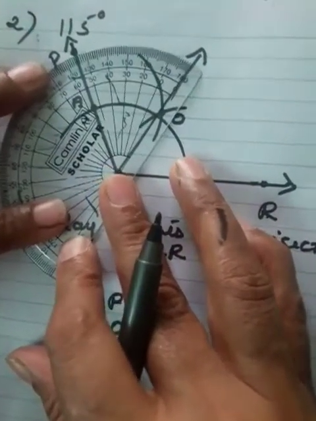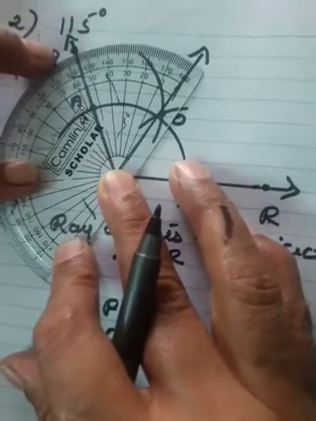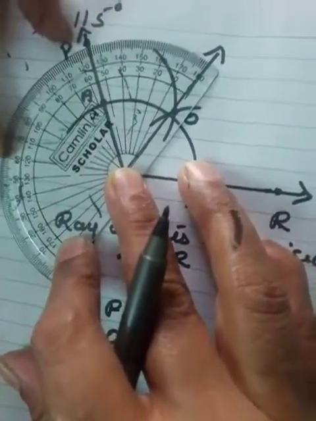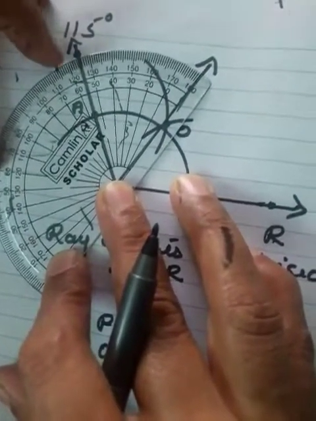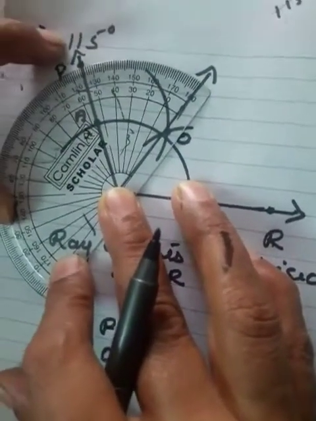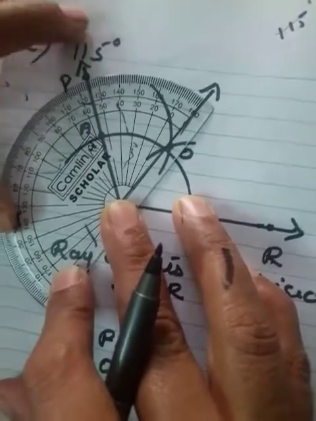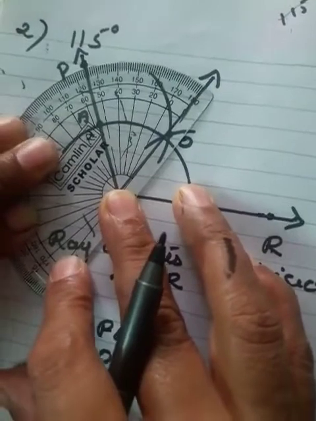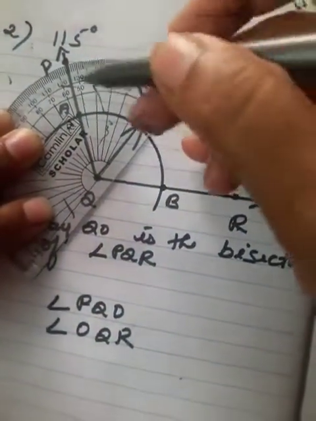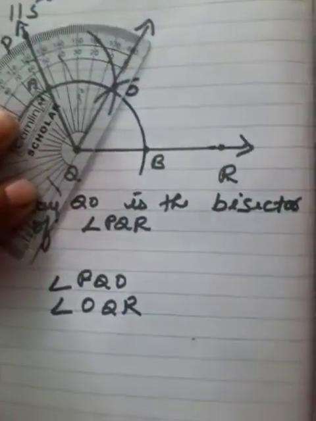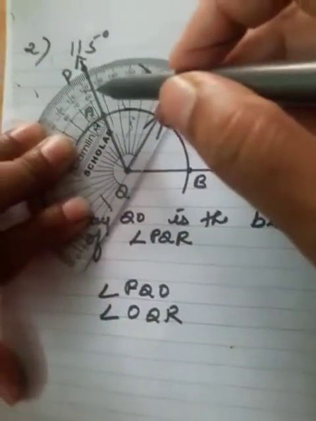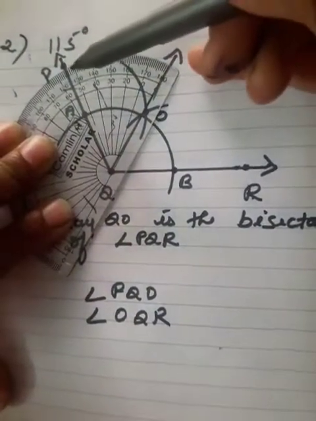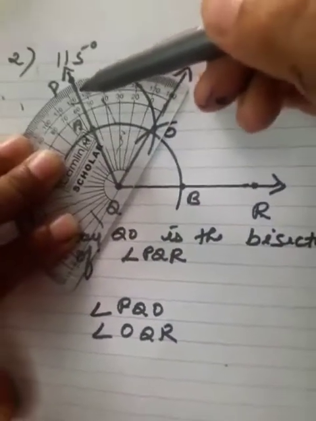It is coming 57, actually. So what is half of 115 degrees? Half of 115 degrees is 57.5 degrees, correct? The measure of this angle should be 57.5 degrees. But I think if there is a 1 degree difference, it is okay. So here I am getting 57 degrees.